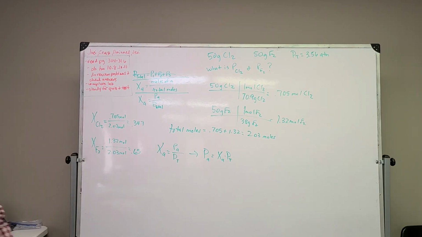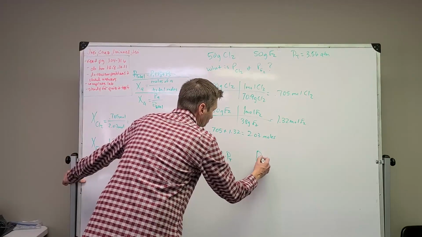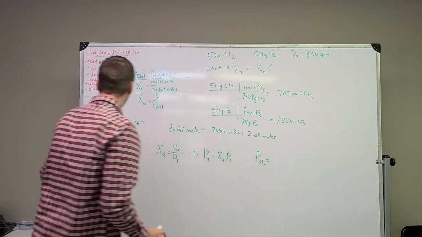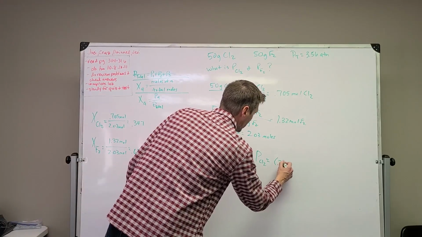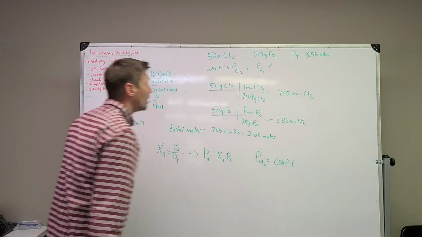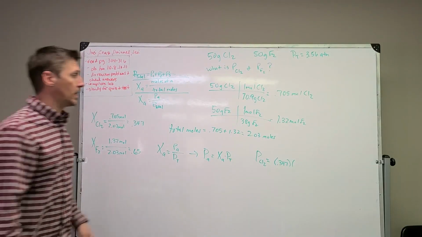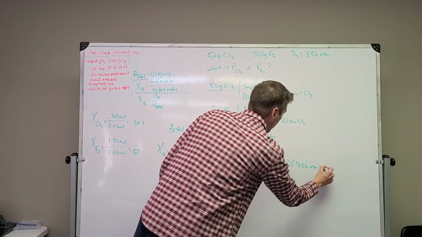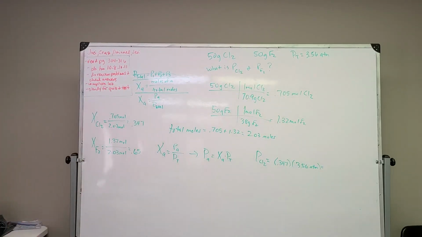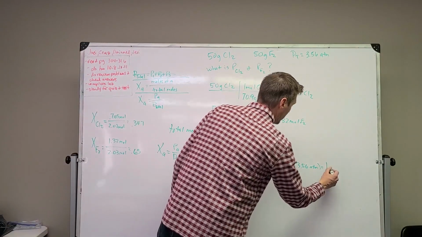So the partial pressure of chlorine then is equal to the mole fraction of chlorine, which is 0.347, times the total pressure, which they gave us at the beginning of the problem, 3.56 atm. And that's going to be equal to 1.24 atm.